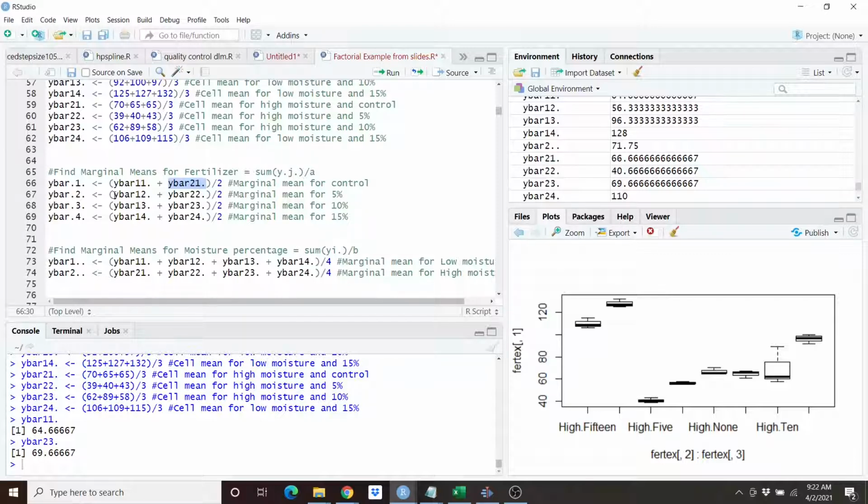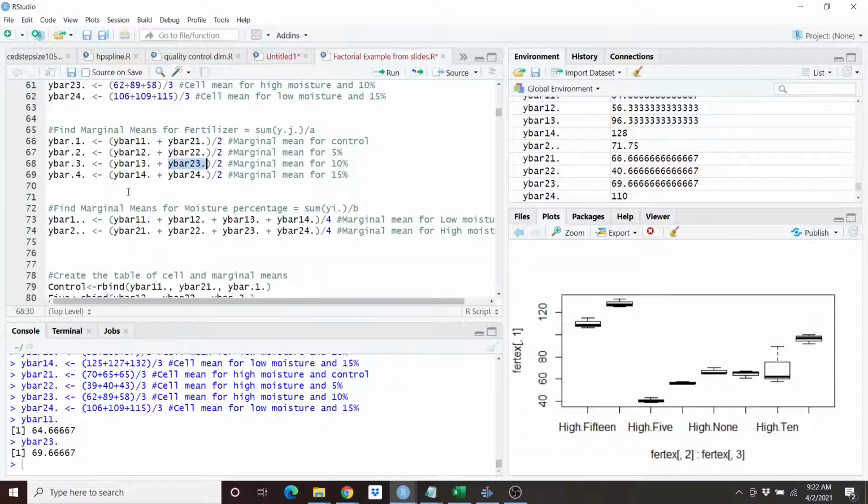Divide by 2. Cell mean for low and 5% plus cell mean for high and 5% and divide by 2. Cell mean for low and 10% plus cell mean for high and 10% divided by 2, etc. I'll run these.